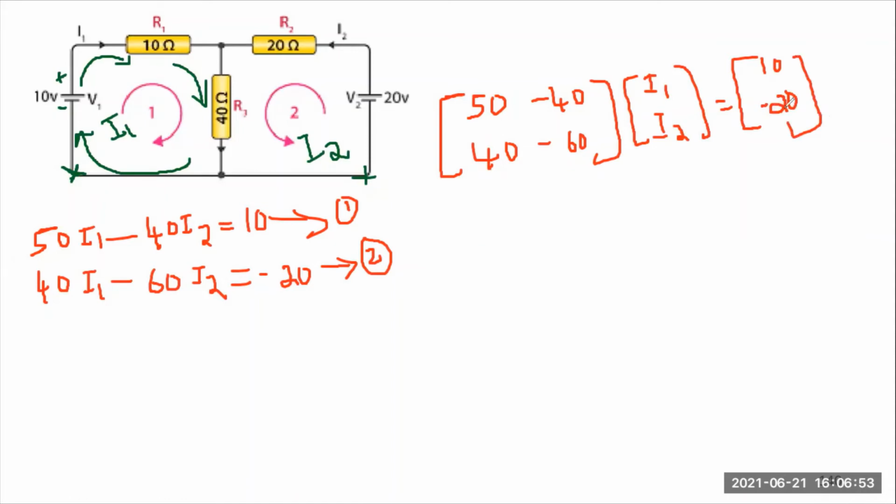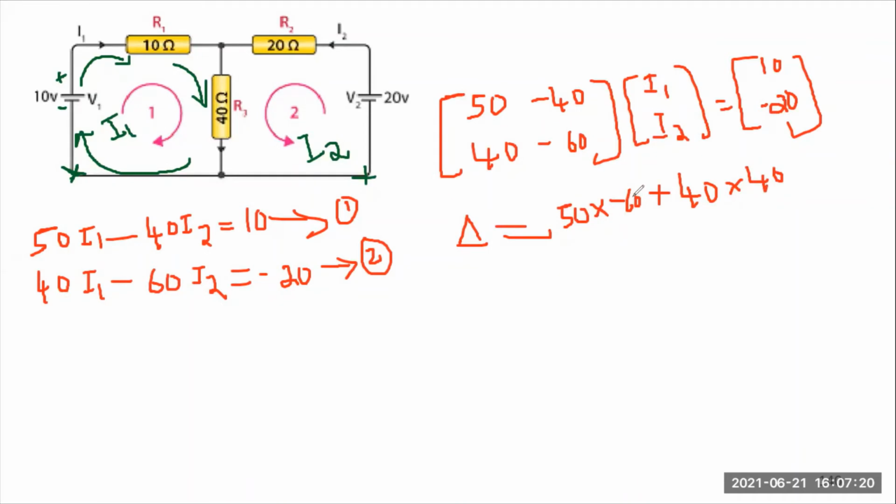First, I want to calculate the determinant of this particular matrix, delta. What is delta? 50 into minus 60, minus 40 into 40. This becomes 40 into 40. Correct? Clear?